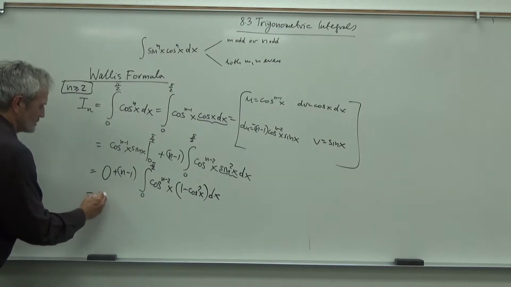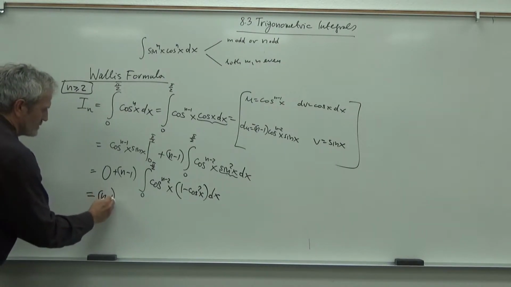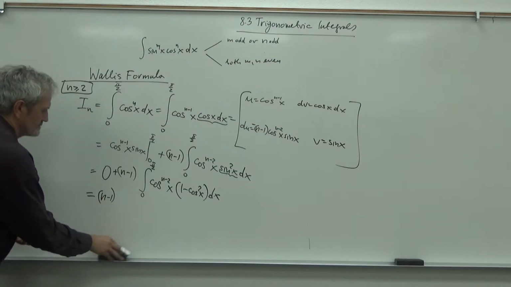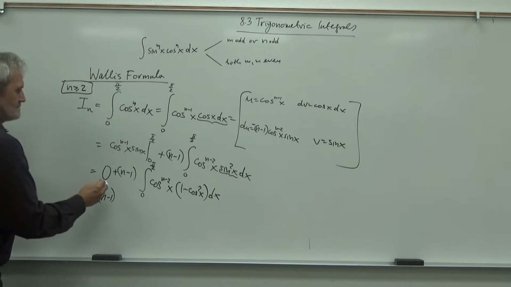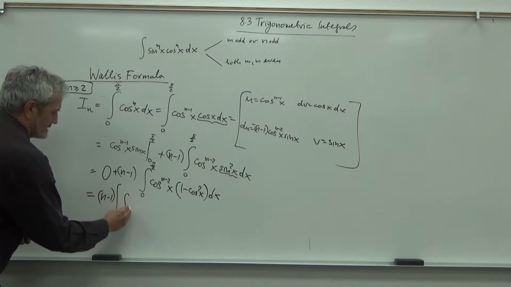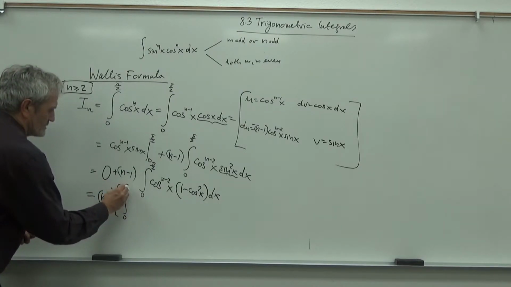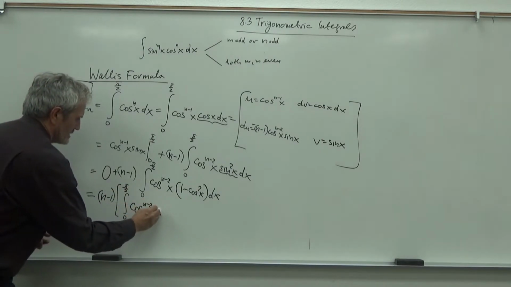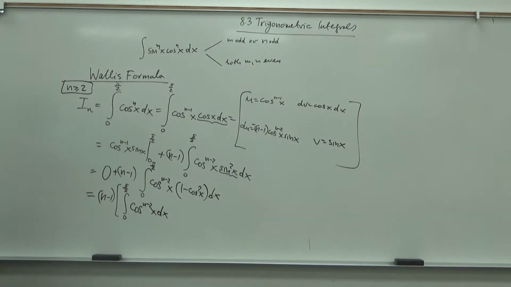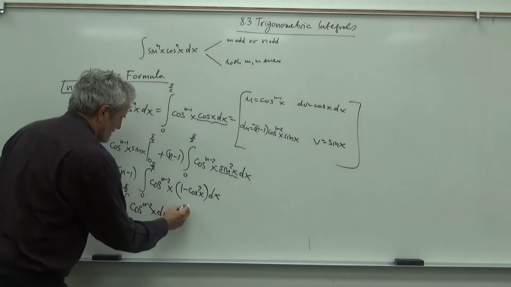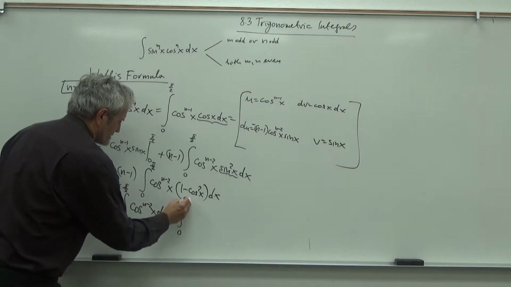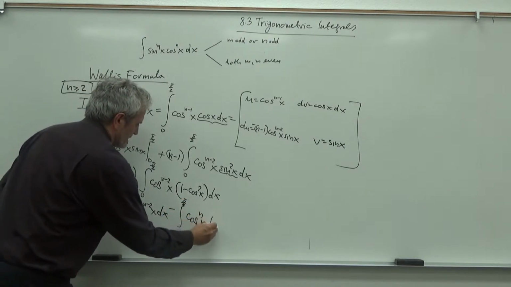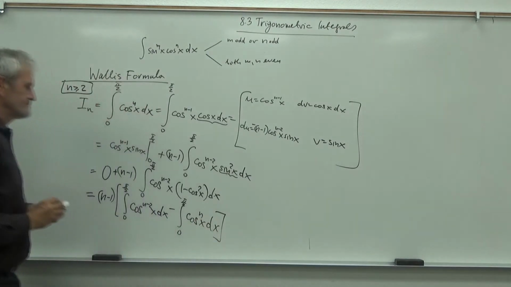When we distribute, we'll get the following: n minus 1 times the integral between 0 and pi over 2 of cosine n minus 2 x dx. So I'm splitting the integral. Minus the integral 0 to pi over 2 of cosine to the n of x dx.